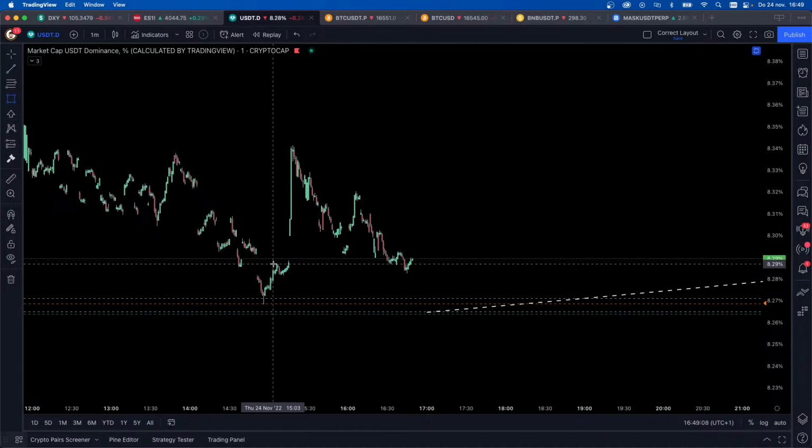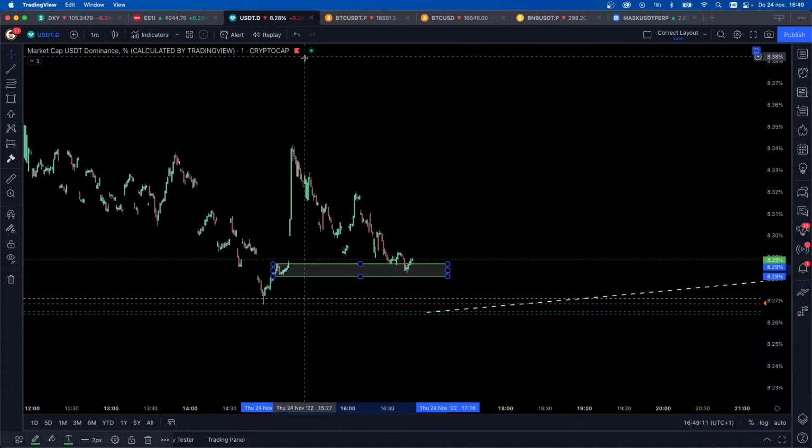Like I explained, this is an untapped price region that we could seek higher.